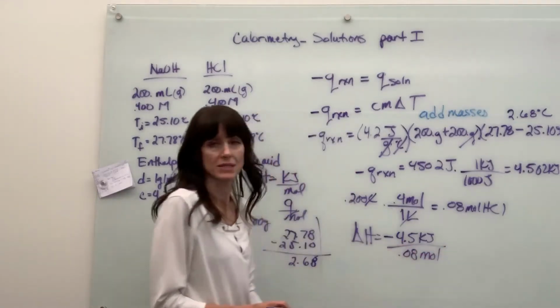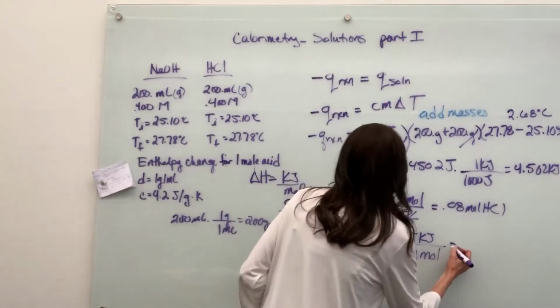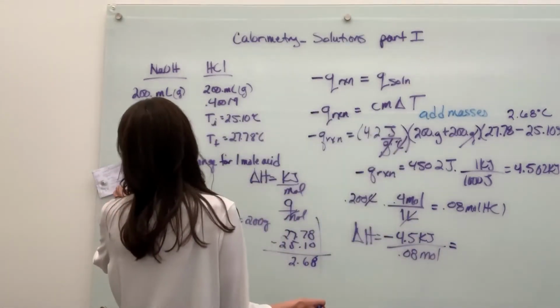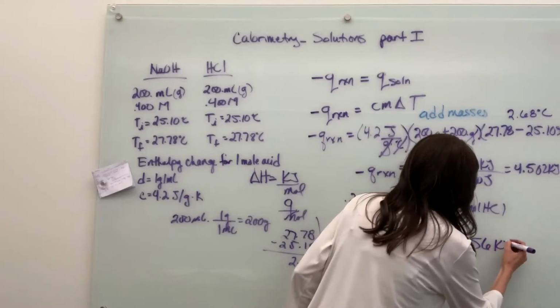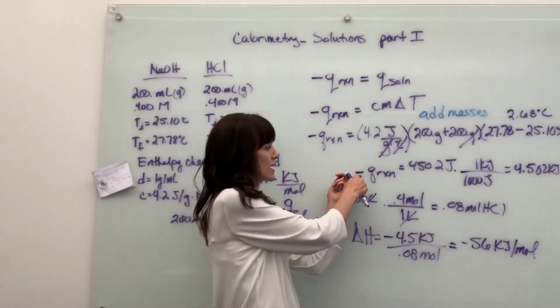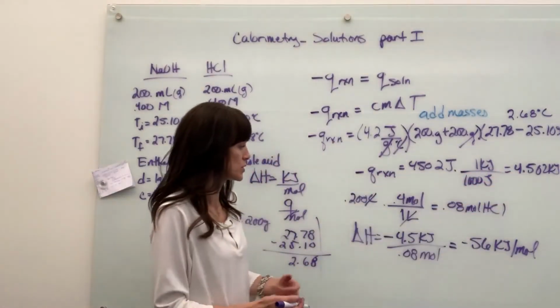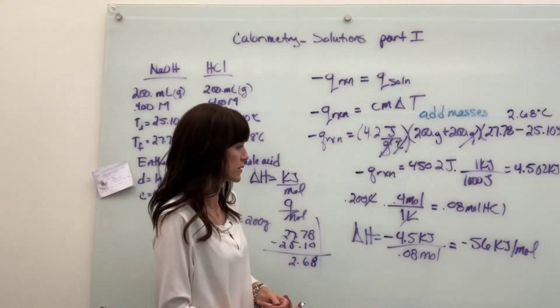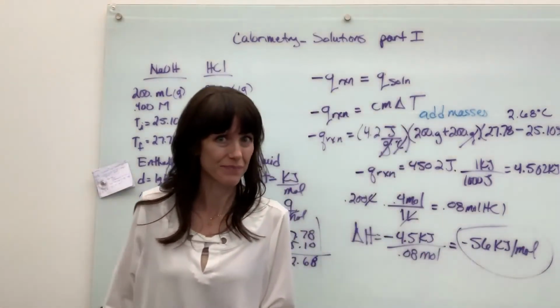That would have been 3 sig figs, but we'll end up with 2 sig figs anyway at the end. Okay, divide this and we come up with negative 56 kilojoules per mole. Notice this negative, I just took the negative right here and I brought it over there. Since the Q was negative, I brought it down here. And there's your answer.